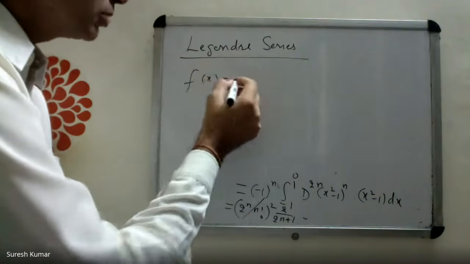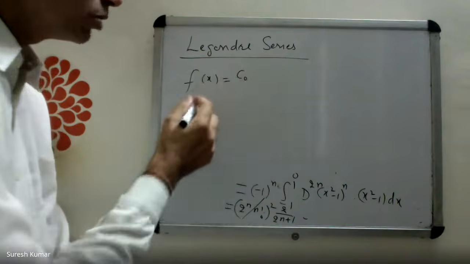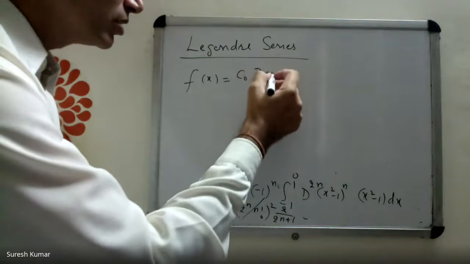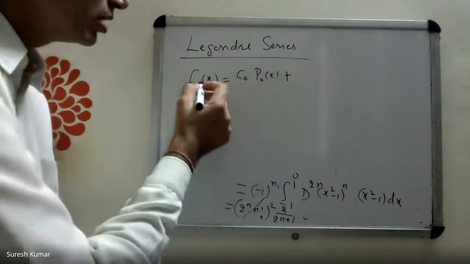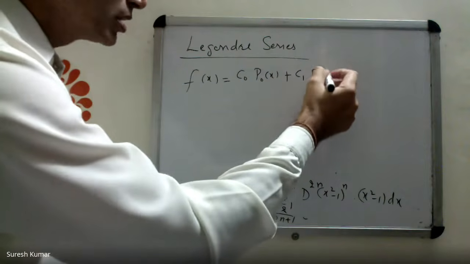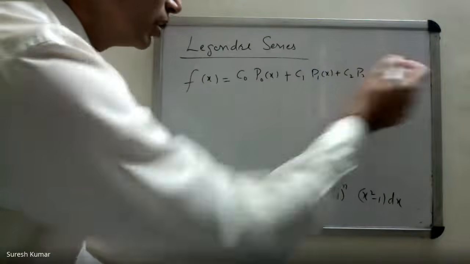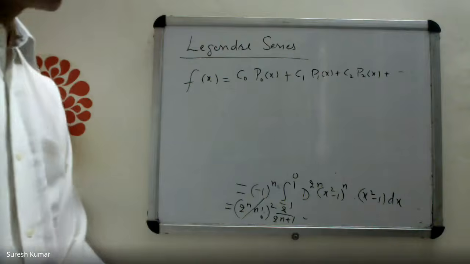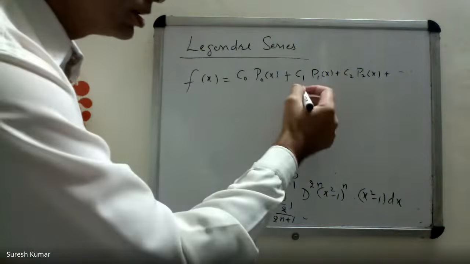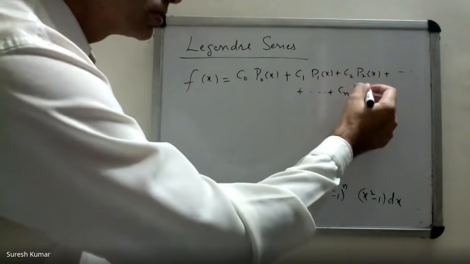If you want to express a function in terms of Legendre polynomials, suppose any function fx is given, and you want to express it in a series of Legendre polynomials, so you can write fx equal to c0 p naught x, c1 p1x, c2 p2x, and so on. In this series, what is unknown? The constants c0, c1, c2, etc. Somewhere you will get, let me write in general, cn pnx.